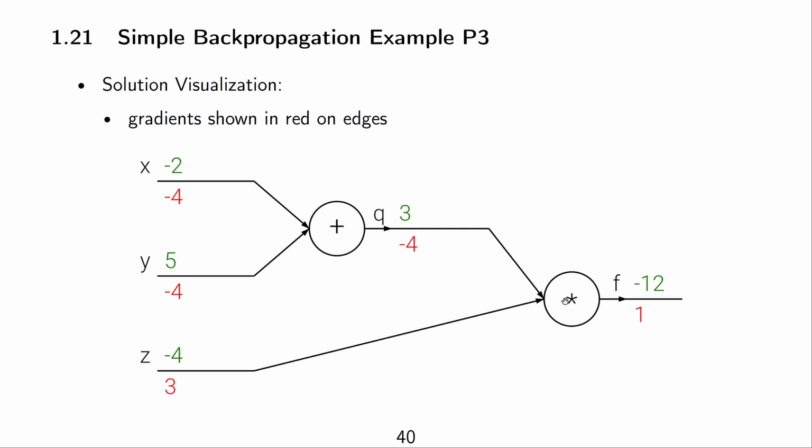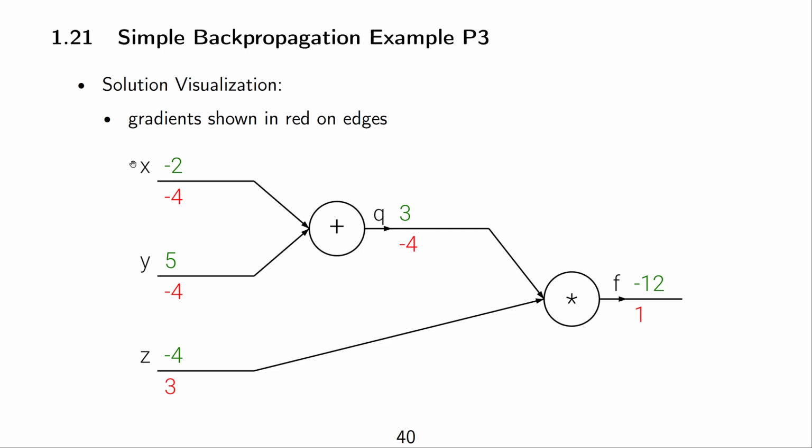So the local derivative is 3, and the upstream gradient is 1, so 3 times 1 is 3. Symmetrically, df/dq equals z, so we multiply this value here, -4, with the upstream gradient 1, and we obtain -4 traveling backwards along this edge.